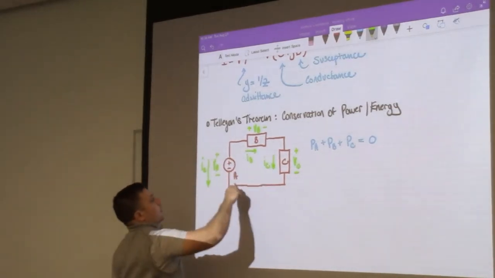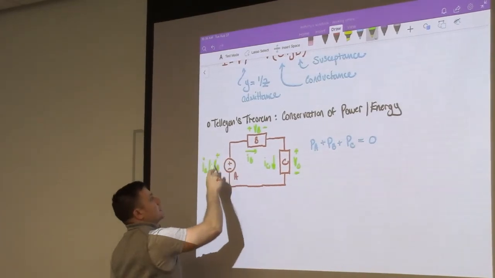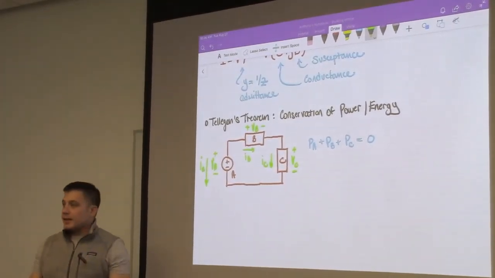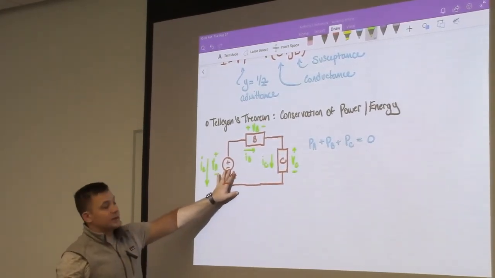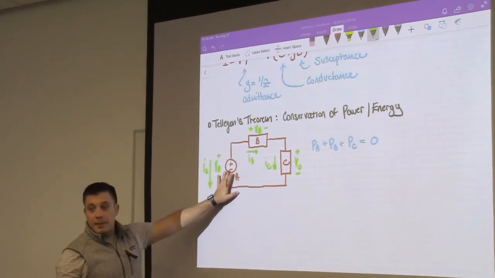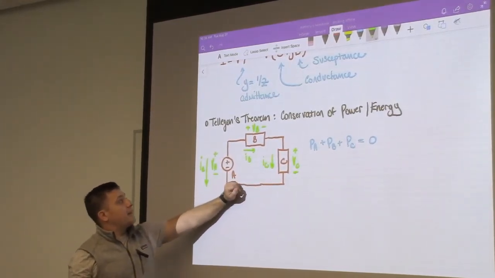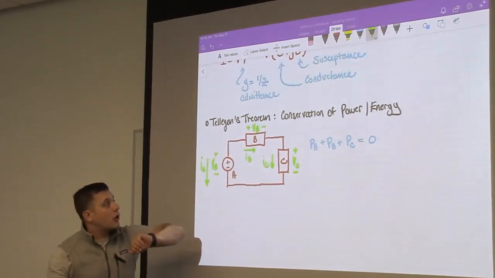IB, IC both go like this. IA goes like this because we flipped our polarity. And this makes sense when we get into later problems. You'll see that this is an active component, right? This is a source, so this is injecting power into our system. And then these are assumed to be passive components, which are drawing current from the system.